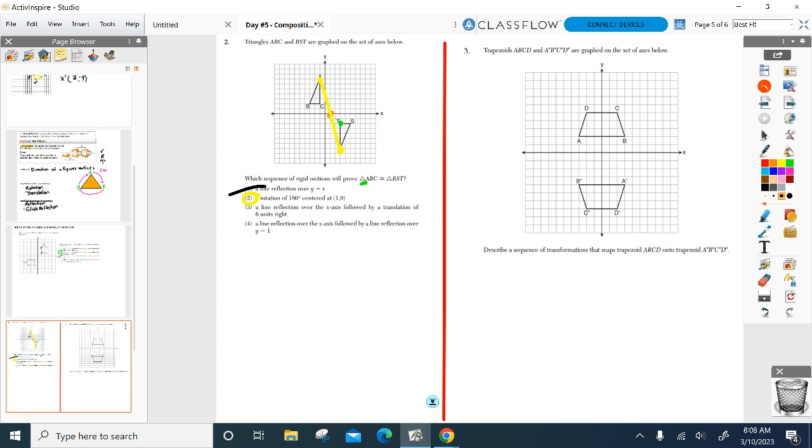I have one written down on my paper, but there could be multiple ways. Just make sure all 4 points match up where they should. Two or more.